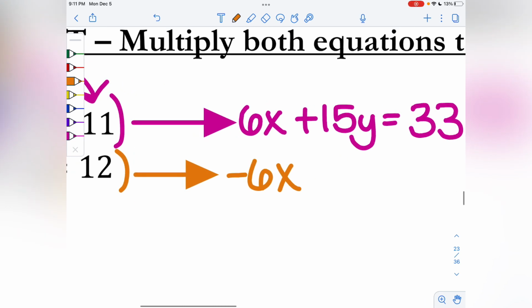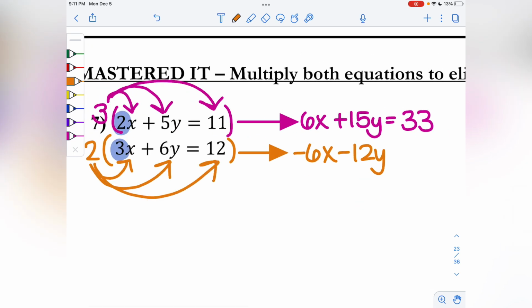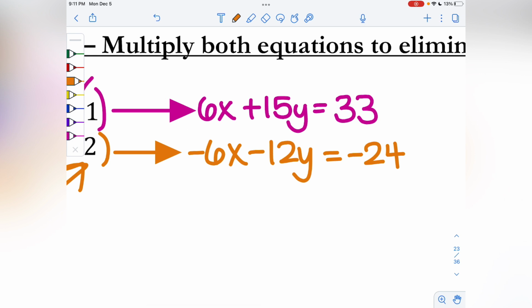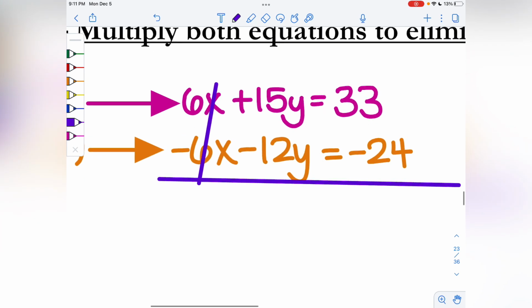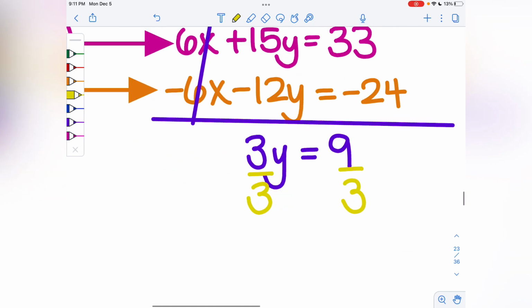Minus 12y equals negative 24. Okay, so the 6 x's do cancel. I get 3y equals 9. So I will divide both sides by 3, and I will get y equals 3.